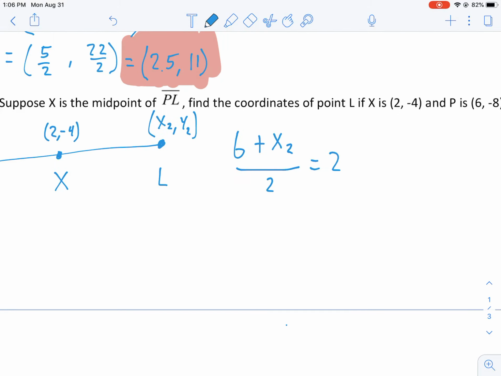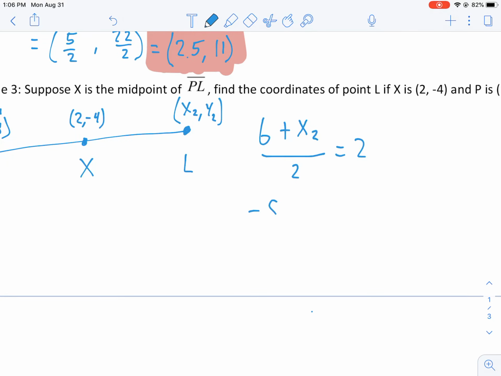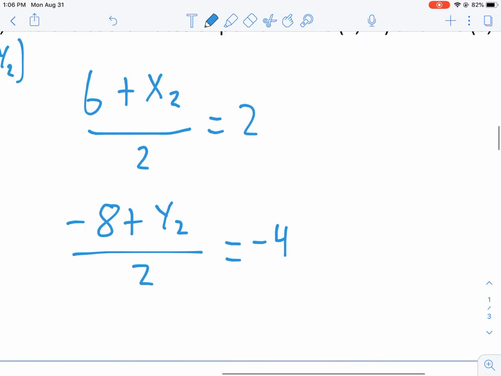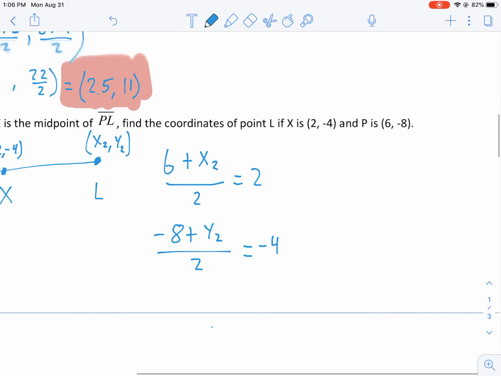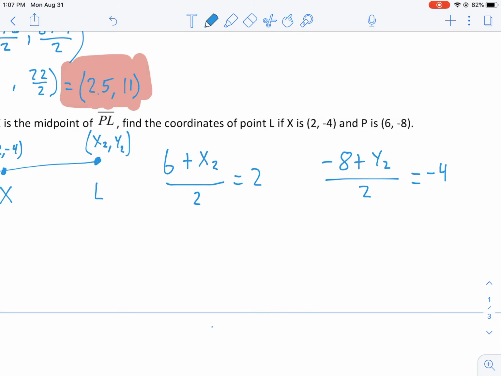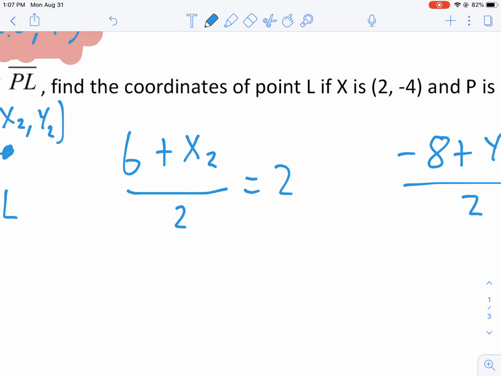We also know that -8 plus y2, over 2, is going to equal -4, because that's the y coordinate of our midpoint. So you're kind of working backwards, and you have these 2 equations that you need to solve. I'm actually going to move this up here. All right, and we're going to solve this, and it's not too bad to solve.